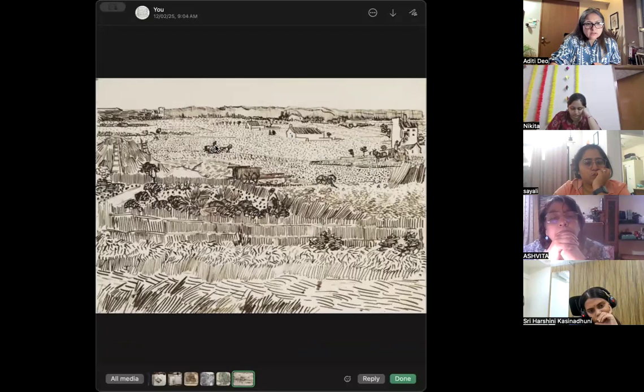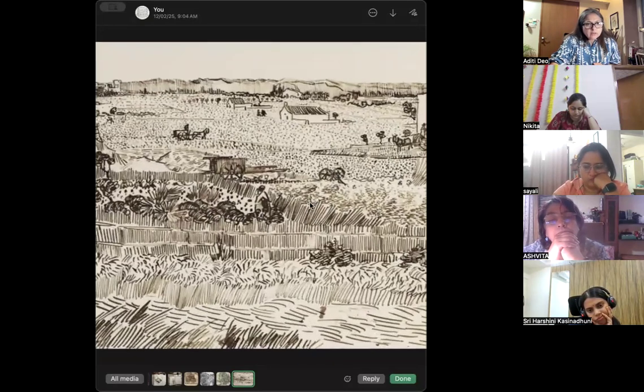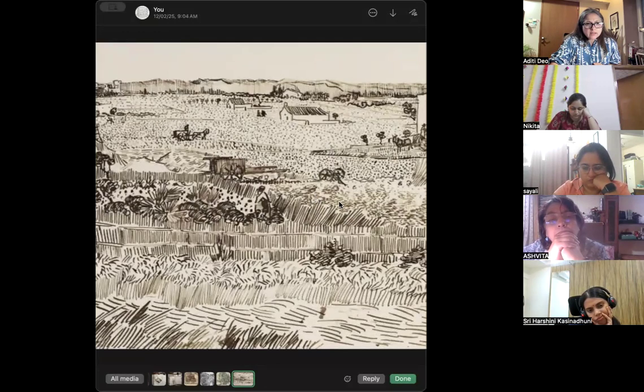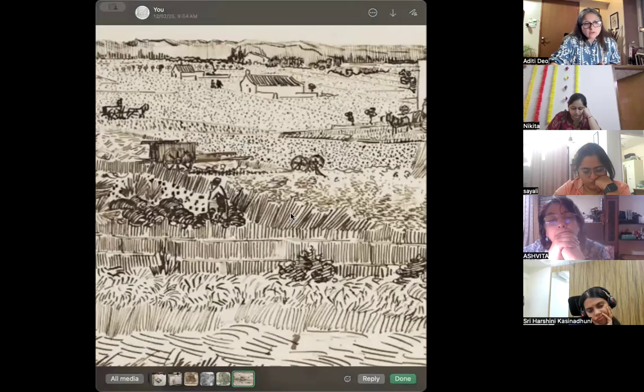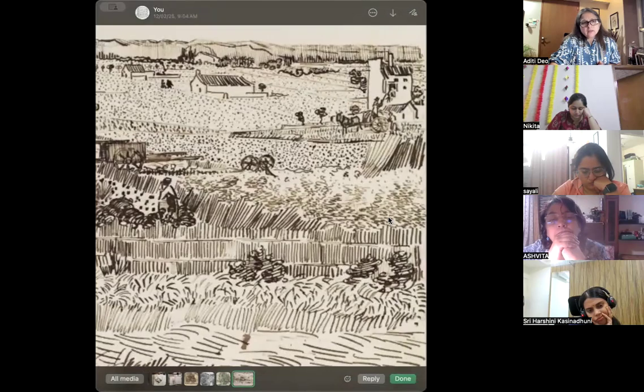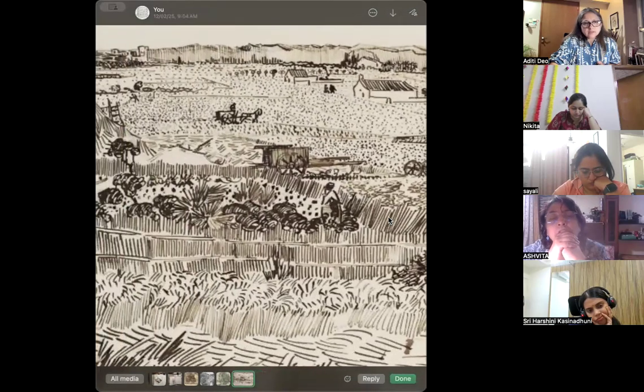You have carts, you have a horse cart over here, in the middle ground and in the foreground. And then you have grasses which are in the front. Then you have grasses which have been tied up into bales. You have grasses which are still flowing. And the only way you can tell the difference is that you have these stalks, which could well be a fence, or it also could be the stalks of these grasses on the right, which have yet to be harvested.